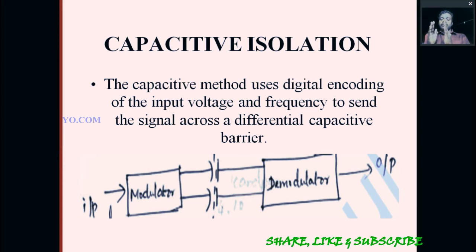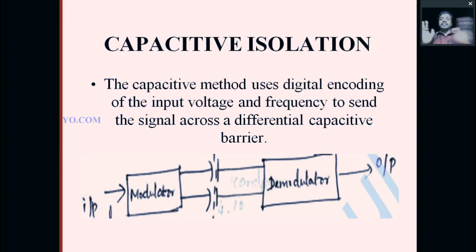If between the two plates there is air, the air is the medium. So this is one terminal, this is another terminal. If you apply the input to these two terminals, the signal is transferred from this plate to this plate. But these two plates are not physically connected; they are separated by some insulation material.